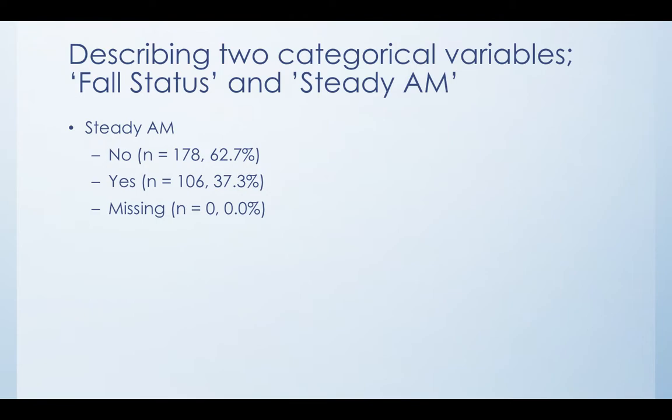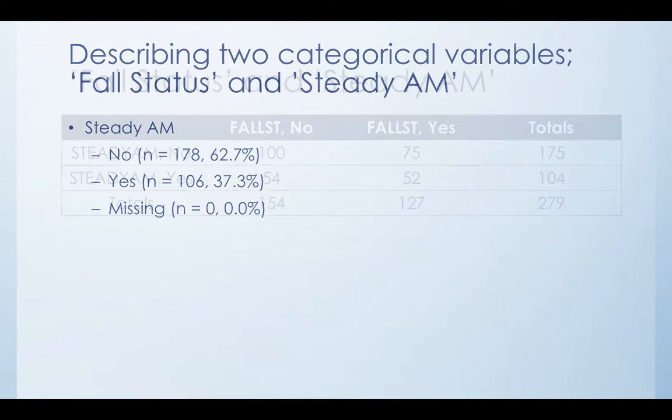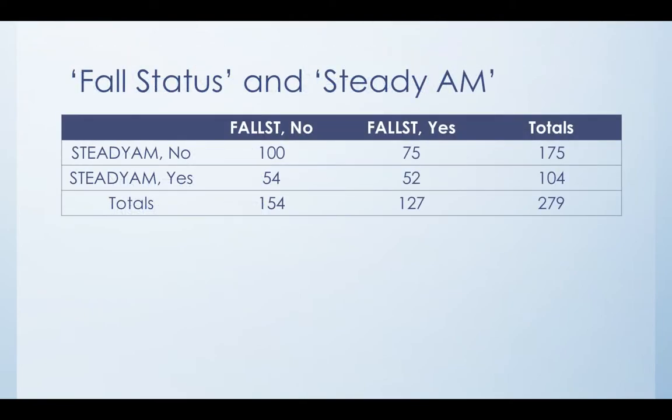in the morning? So just looking at steady AM, the ones that responded no, there were 178, so about 63% responded no, 37.3 responded yes, and the missing information, luckily there was no missing data here. Now, if I wanted to look at these at the same time, I would do a 2x2 contingency table.